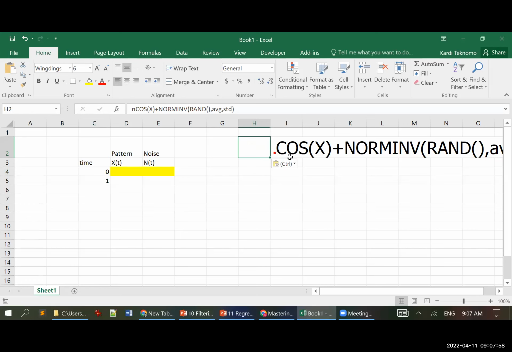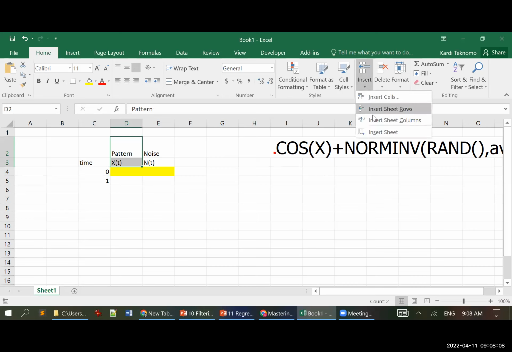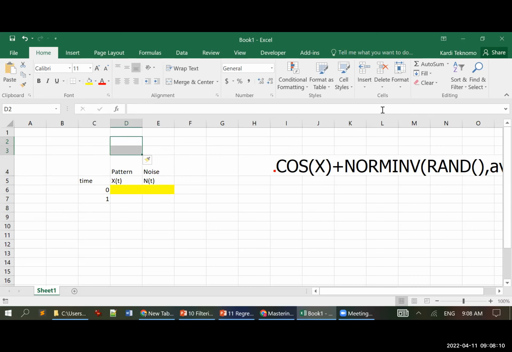In this case I need an average of the noise. So what I will do is insert these two rows. I will get an average of the noise and the standard deviation of the noise. For example, the average is 0, the standard deviation is 1. So this is my input, and I will put this as yellow.